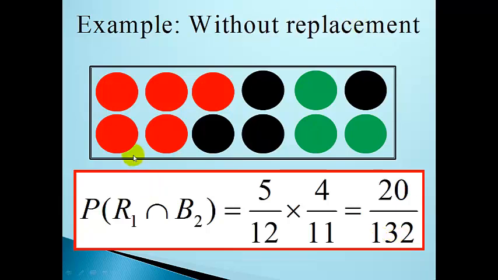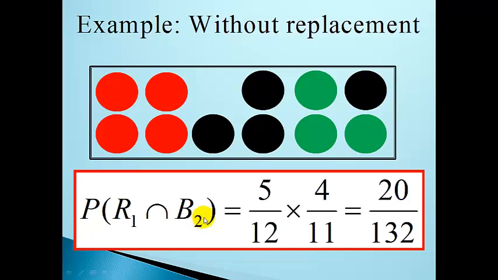Now let's consider this example. Probability of R1 intersection B2. This means that the first ball to be taken is red. And the number of red balls is 5. So it means you have 5 over 12. Now, when the first red ball has been taken out, take note that we have B2. That means that the second ball we are taking is coming from the black.